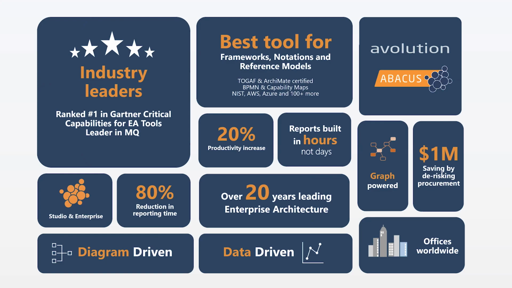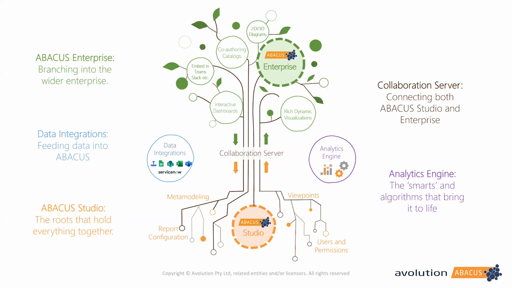And then Abacus as a product is really just split into two sections: Abacus Studio and Abacus Enterprise. So Studio is essentially the core tool, and this is where a lot of the configuration and management work goes on behind the scenes, usually by admins or some key architects.